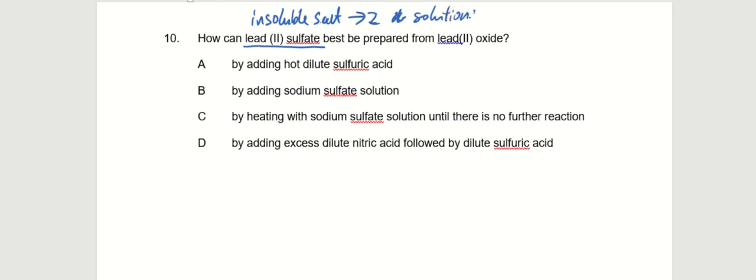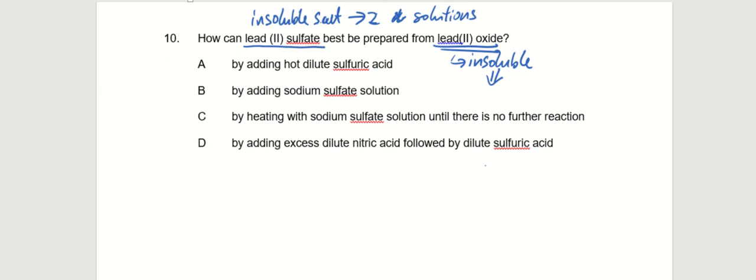But here we are given lead 2 oxide, which we know is insoluble. So we have to convert the lead 2 oxide into a soluble substance first. How can we convert lead 2 oxide into a soluble substance? Now we recall which lead salt is soluble.